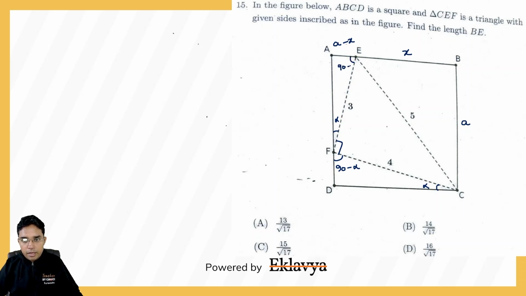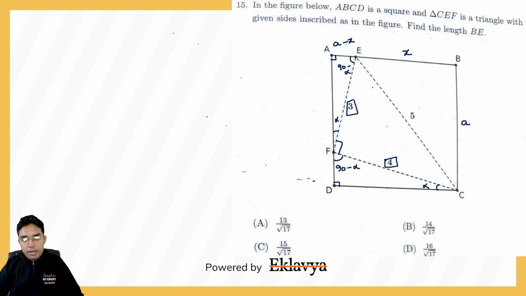So you can see we are getting one similar triangle, AEF and DFC, and the ratio of their corresponding sides opposite to 90 degrees at A and 90 degrees at D, they are 3 and 4. So I can say directly that the ratio of corresponding side length is 3:4.